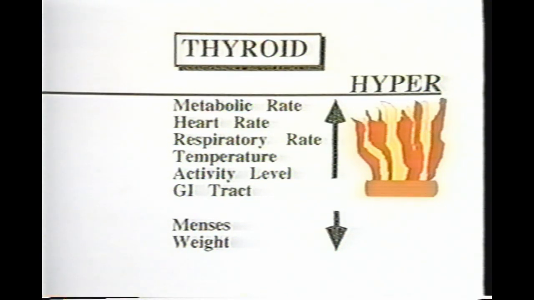The GI tract is very rapid. They're more apt to get diarrhea. You also notice that these people eat constantly and never gain any weight at all. They're just always chowing down and never gaining weight because of the very, very rapid metabolic rate. So you can see that they're very different from those hypothyroid people with a very slow metabolic rate.